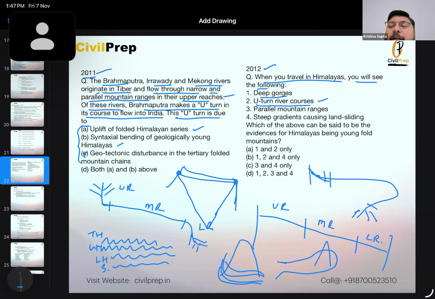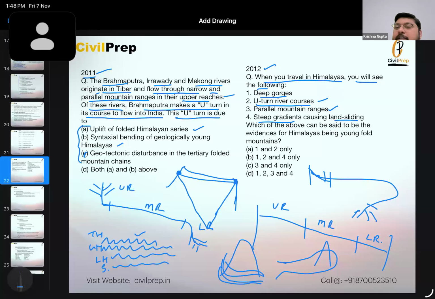Then parallel mountain ranges, yes, parallel mountain ranges we can see here. Then steep gradients causing landsliding. So here we see that deep gorges, U-turn river courses, parallel mountain ranges, and steep gradients causing landsliding are all part of the Himalayan system.